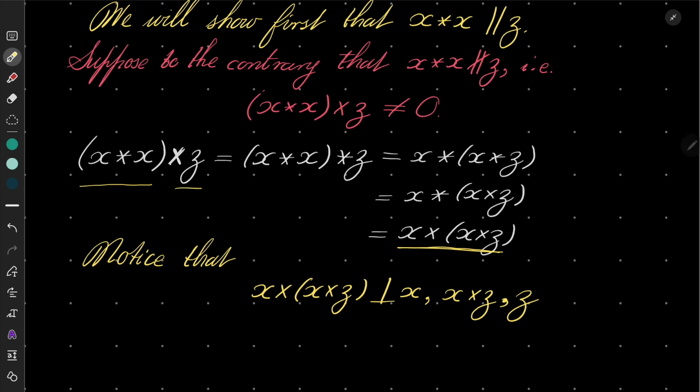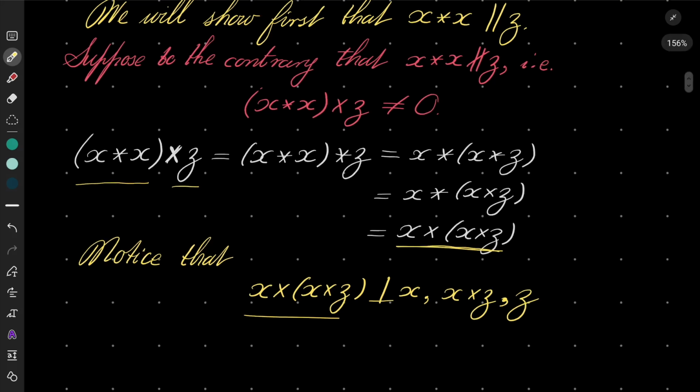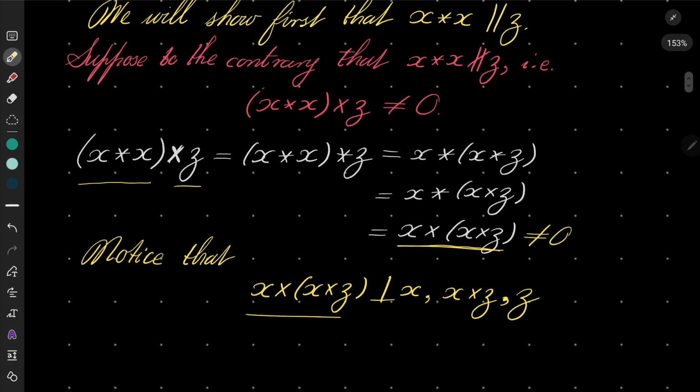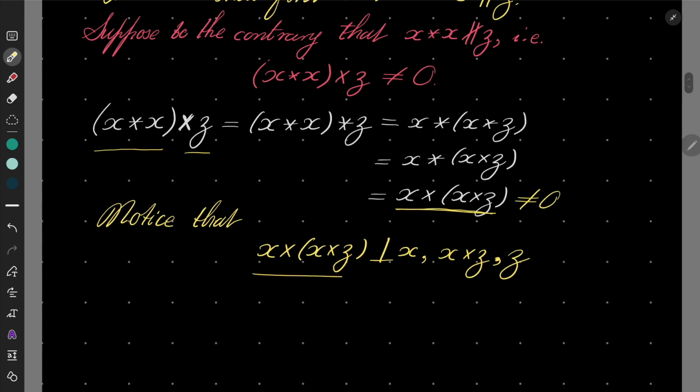And there is no vector which is perpendicular to three vectors which are perpendicular to each other, apart from the zero vector, but we know that this vector is non-zero. So it's a contradiction.